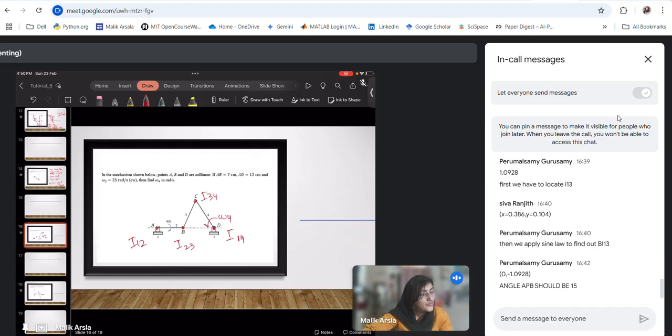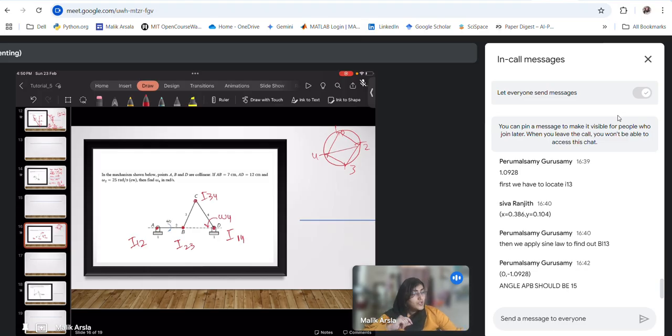Now if you want to find out omega 4, we need to figure out I24. In this configuration, I24 is simple to find. So with links 1, 2, 3 and 4, I12, I23, I34 and I14 are all given, and what we need to figure out is I24.